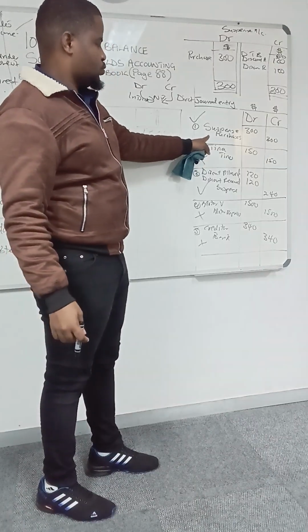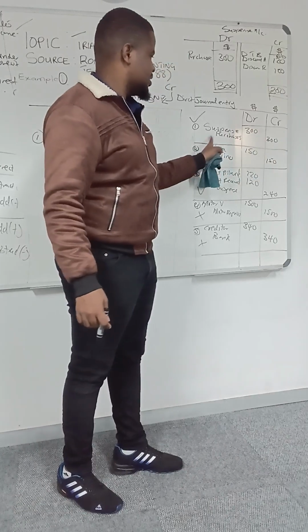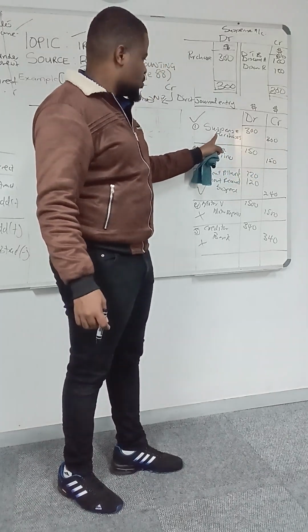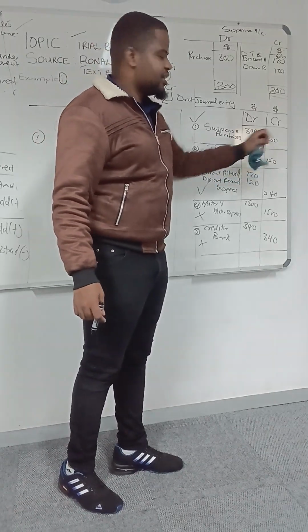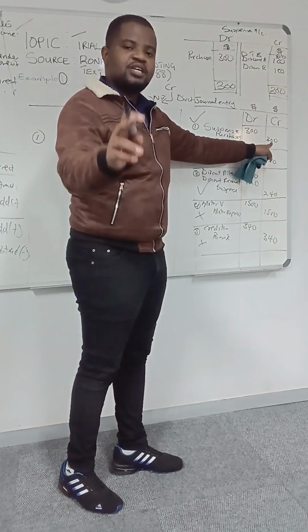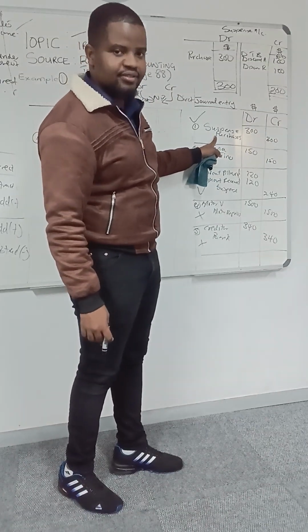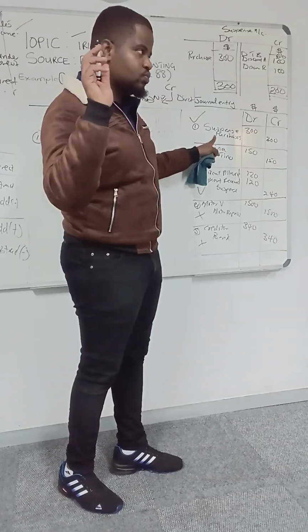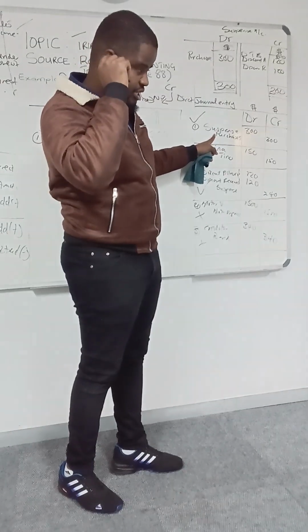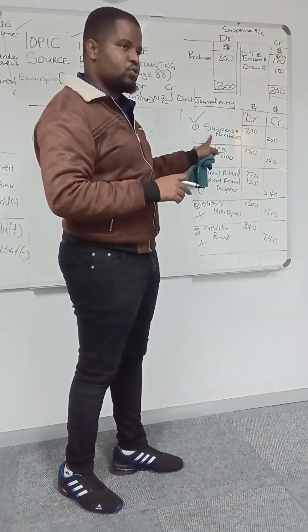So what are you going to do now? You check the side of purchase in the journal entry. Purchase is here on the credit side. If purchases are on the credit side, it means these purchases were overstated. If you are new here on this video, please go back to where I was explaining how to do this journal entry.